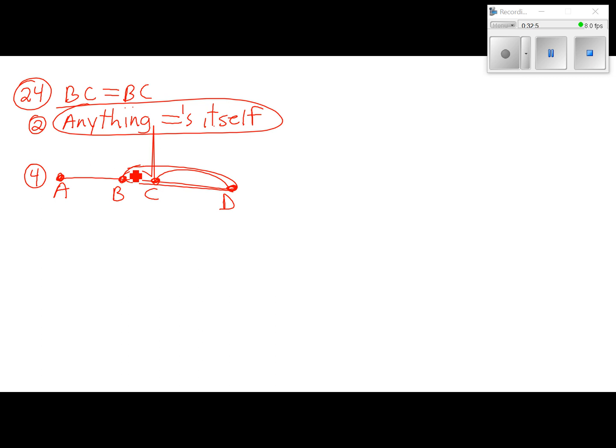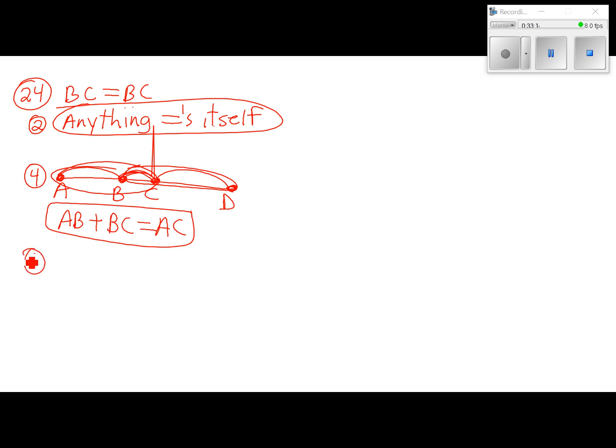Well, what we can do on this side over here is say that segment AB plus segment BC has to equal that whole thing right there, which is segment AC. And that is what goes in that blank for number 4. Number 6 is your last statement. Well, your last statement has to be what you're trying to prove. If we just look back up at the problem, what we're trying to prove is that segment AC equals segment BD. So that's what goes in the blank.